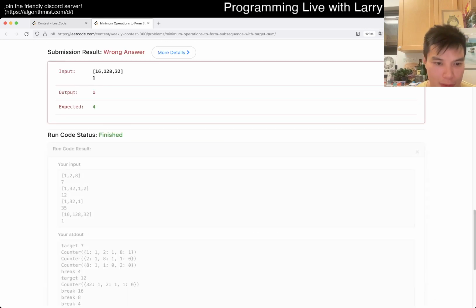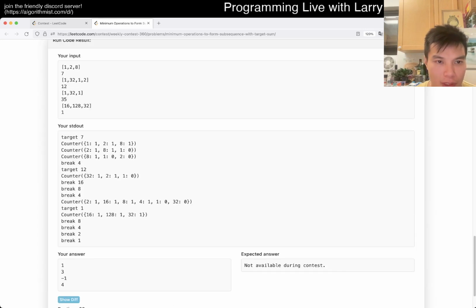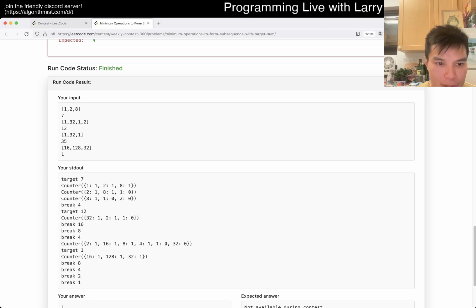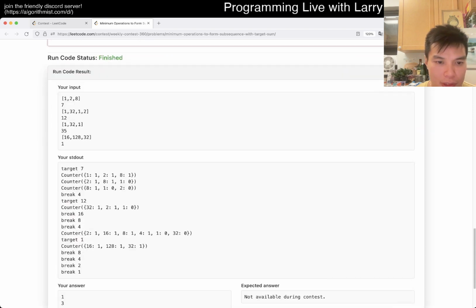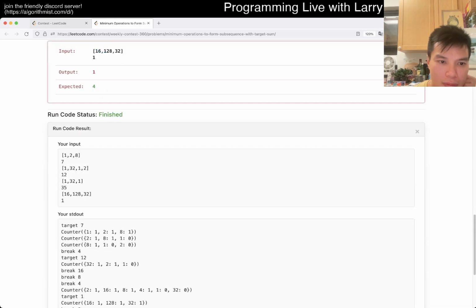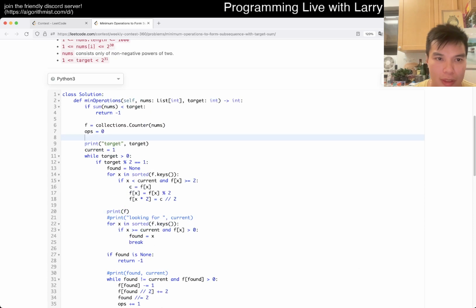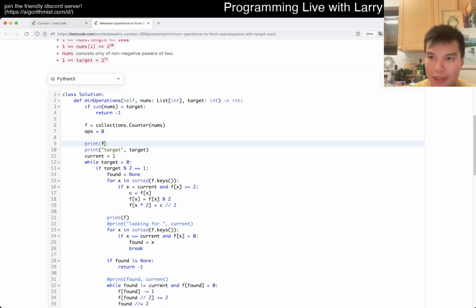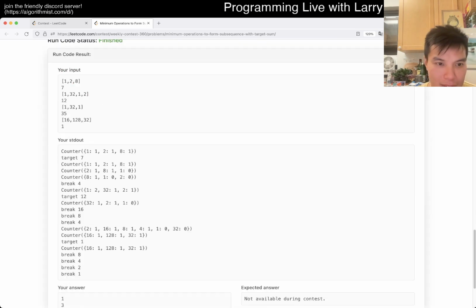Let's see. So 1, 2, 8. Okay, fine. Let's see. Target 12. We put the 32. Okay, down, but that's... I don't have enough time to debug everything. I have 3 minutes.